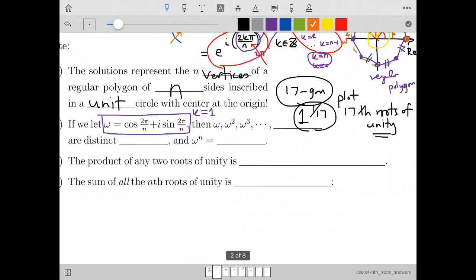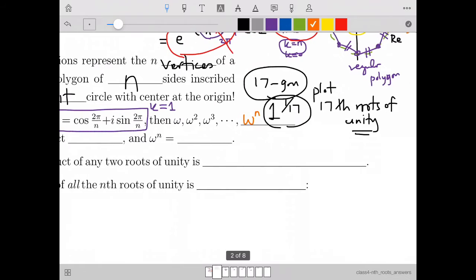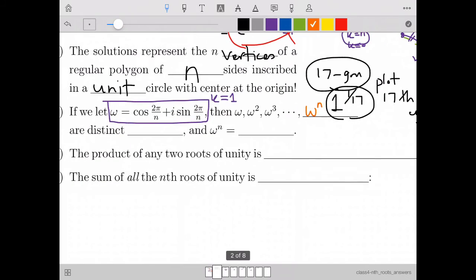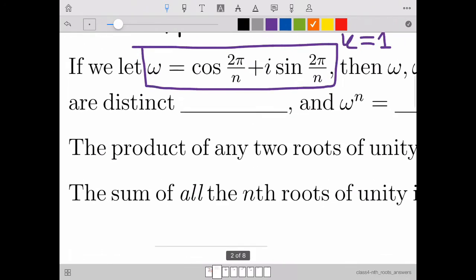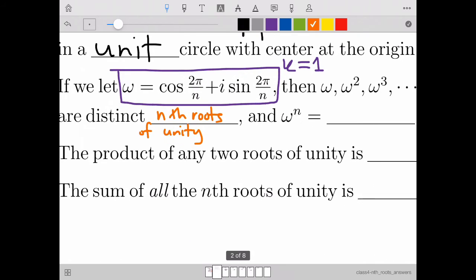Then w, w squared, up to w to the n are distinct roots of unity, and w to the n is 1. That's what we notice.